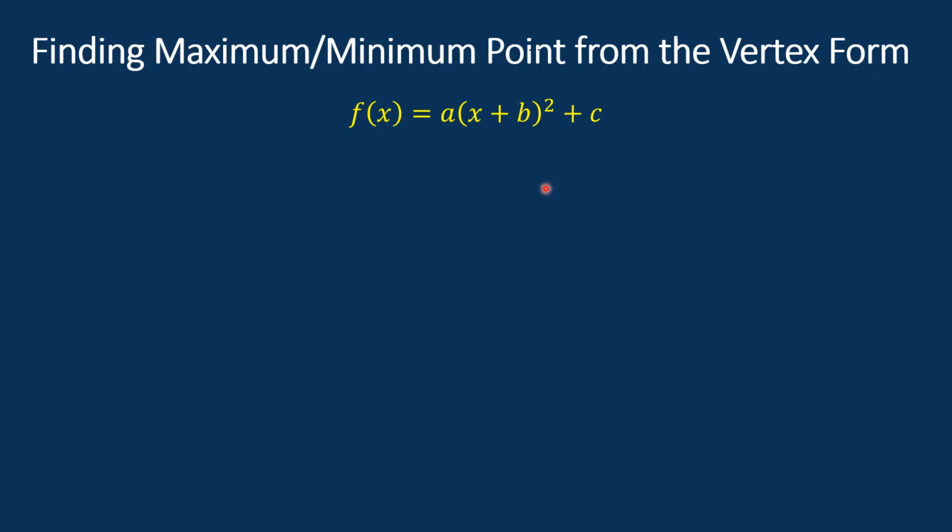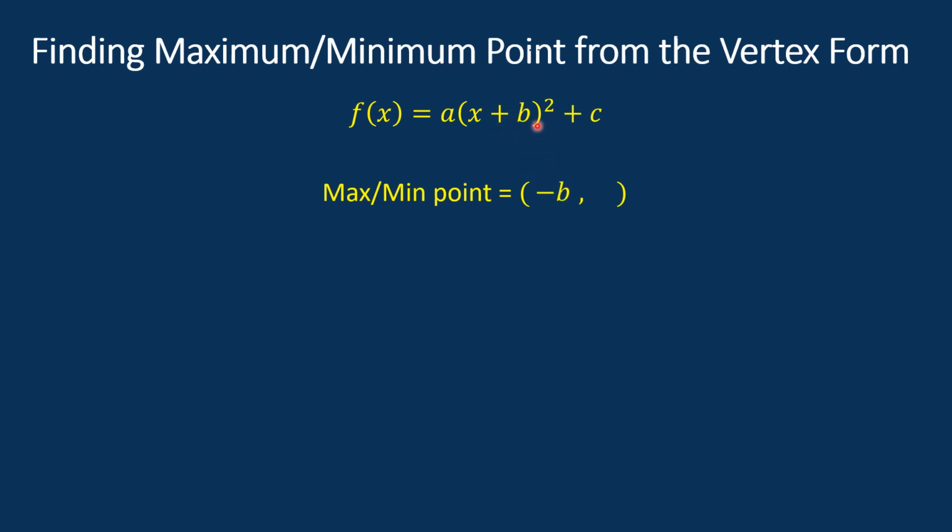Finding the maximum or minimum point from the vertex form. We can find the coordinates of the maximum or minimum point of a quadratic function easily, directly from the vertex form. For example, this is the vertex form of a quadratic function. The x coordinate of the maximum or minimum point will be equal to the negative of the constant inside this bracket.